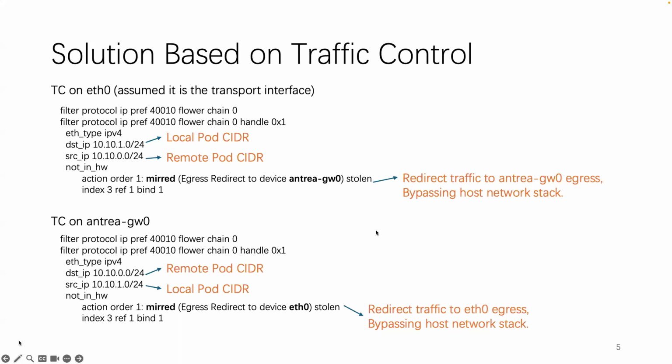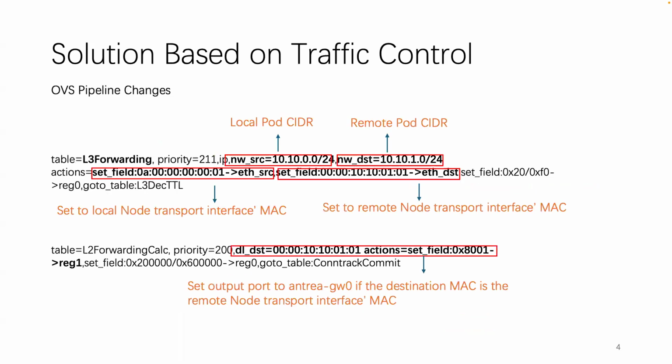And these packets will be redirected to ETH0's egress, bypassing host networking stack. And because TC can't help do ARP resolution, we have revised the MAC address in advance.